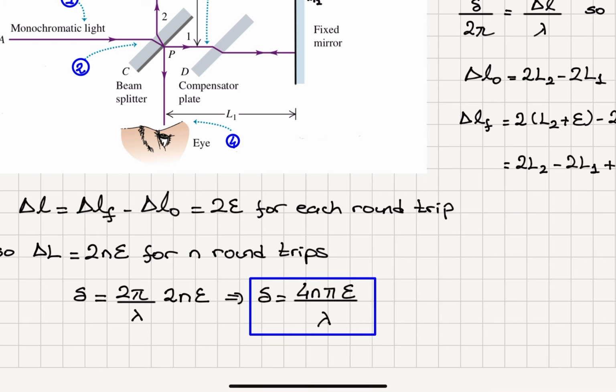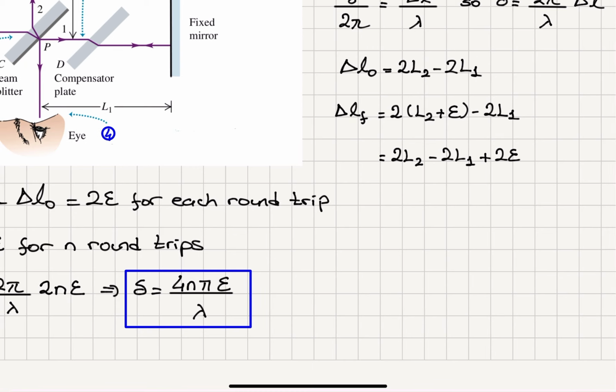Now we can quantify this. The phase difference that we are trying to measure is 4 times 280 round trips pi. We moved the mirror by a minuscule amount, 10 to minus 18 meters.